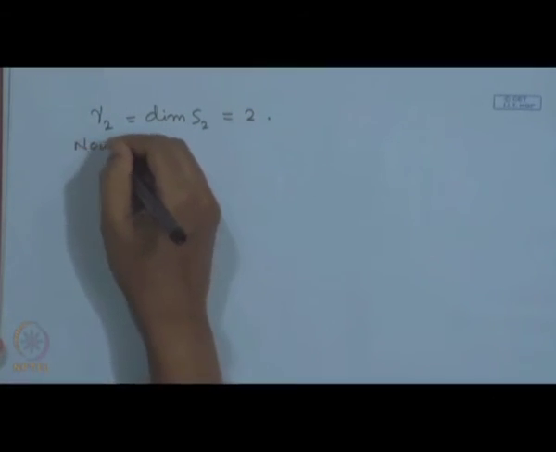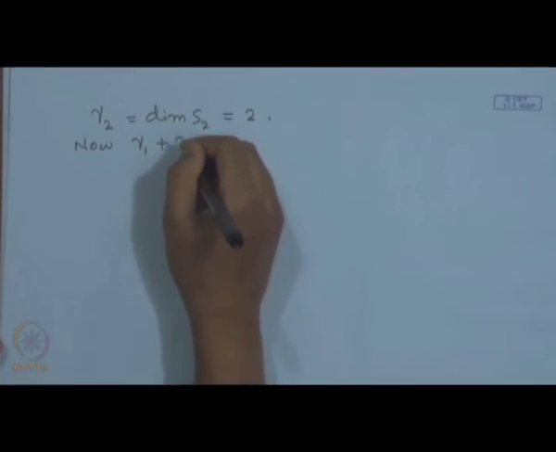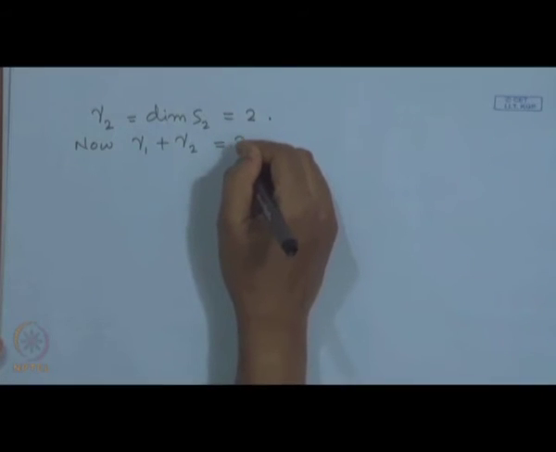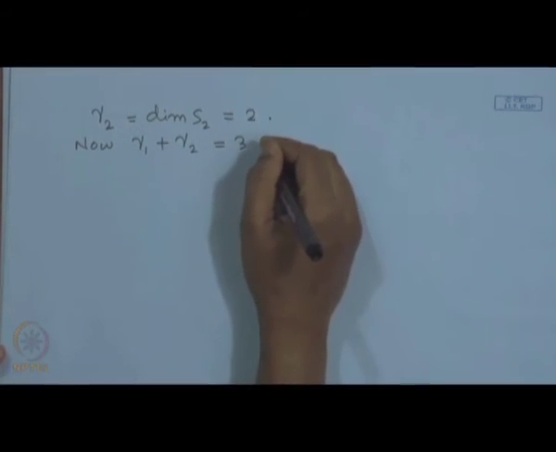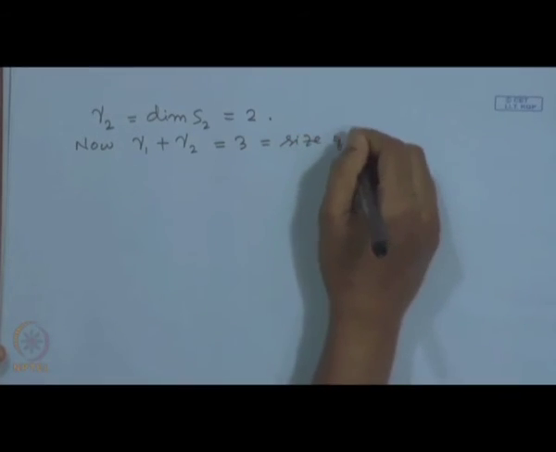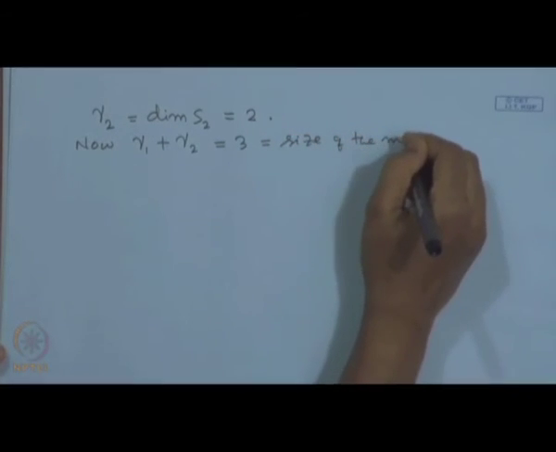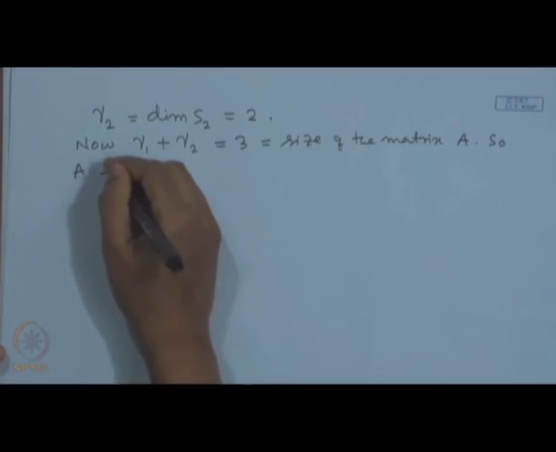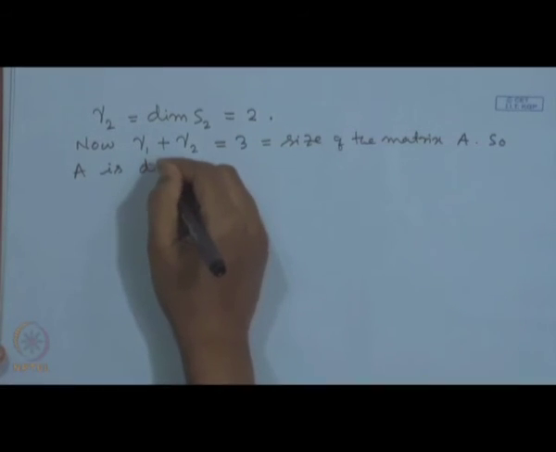Now gamma 1 plus gamma 2 is equal to 3, that is the size of the matrix A. So this matrix A is diagonalizable.